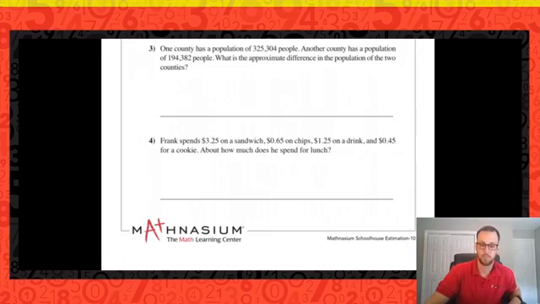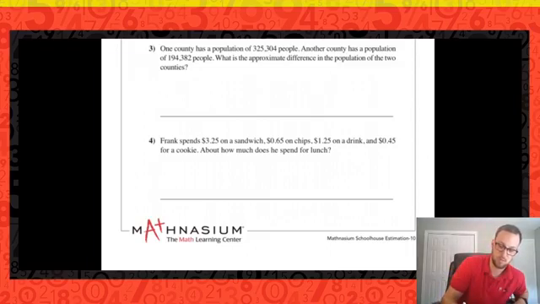All right. One county has a population of 325,304 people. Another county has a population of 194,382 people. What's the approximate difference in population of the two counties?